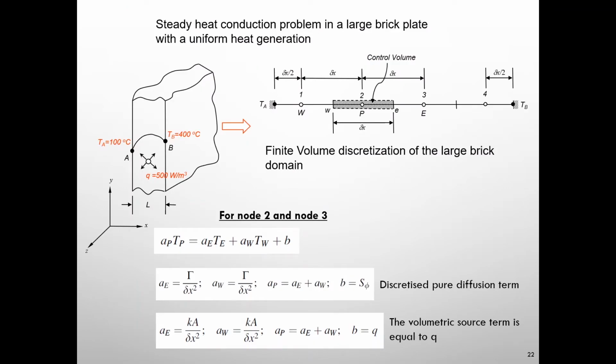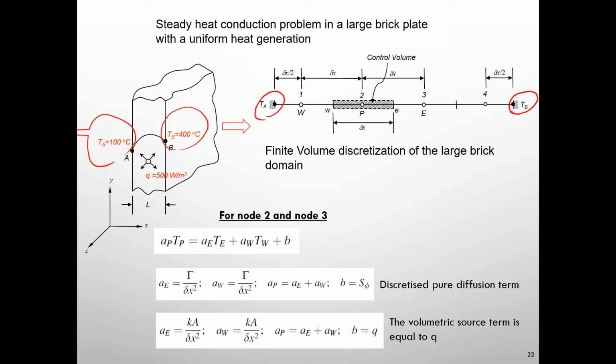Basically the question gave us the boundary conditions and also the source term. So we have this A, the boundary conditions. For this we use the finite volume discretization where we have the TA and TB.